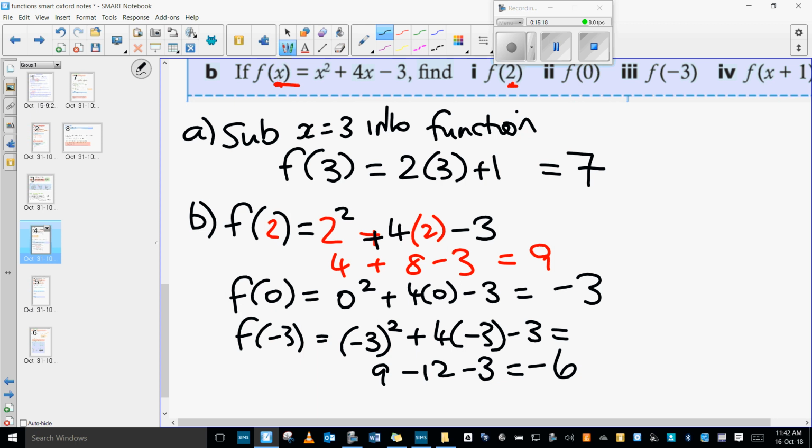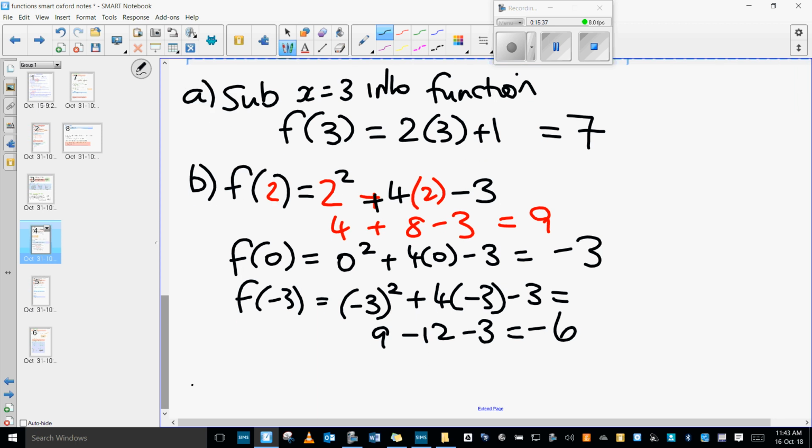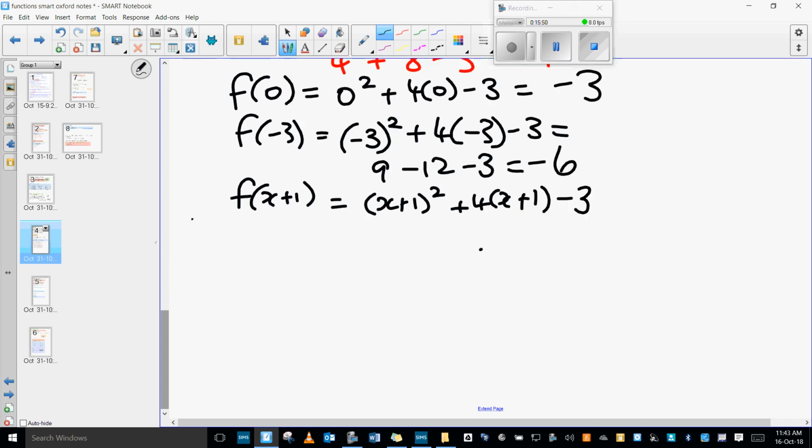And then this last one, it says f(x plus 1). So what are we going to do now? Do you remember what we did for all these others? Whatever was in the bracket, we substitute in place of x. So f(x plus 1) is going to be (x plus 1) squared plus 4 lots of (x plus 1) subtract 3. Now, you wouldn't leave it like that because this can be simplified.